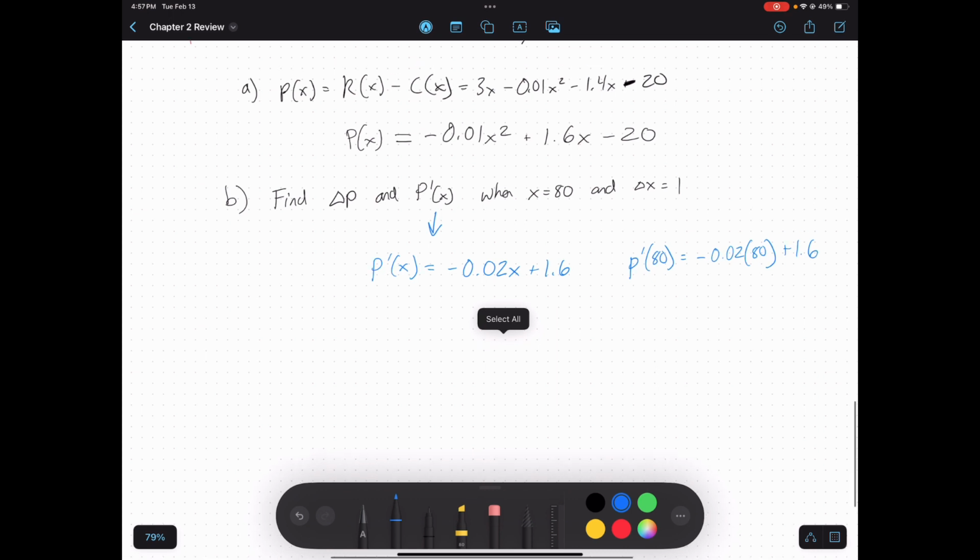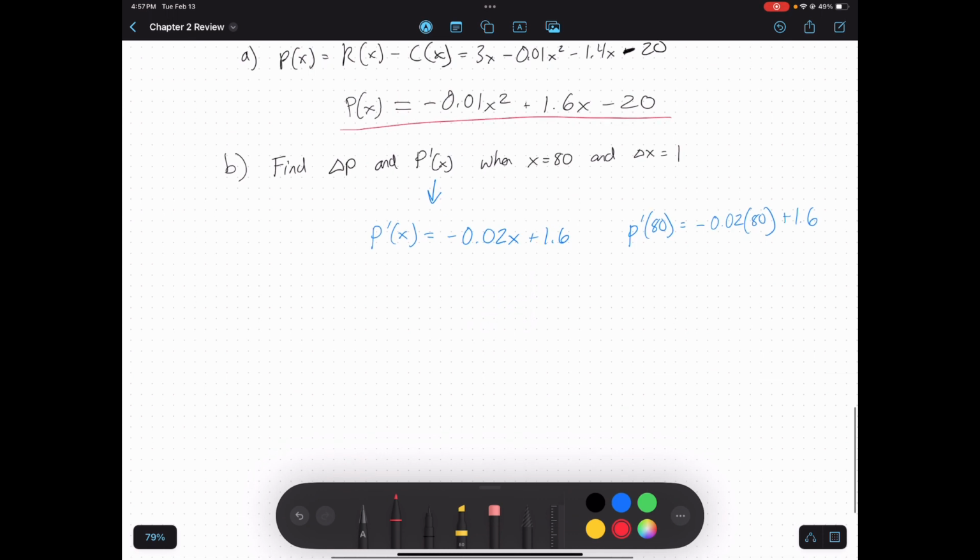What am I going to use to help me out with that? I'm going to use my original profit equation. So to find delta P, I need to know what's my profit for 80 units. So I'll plug in 80 to my original equation and see what I get.